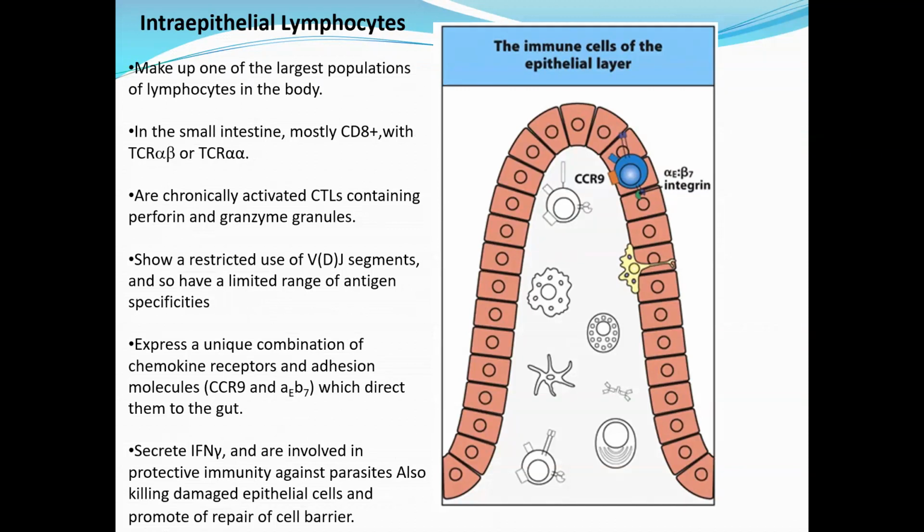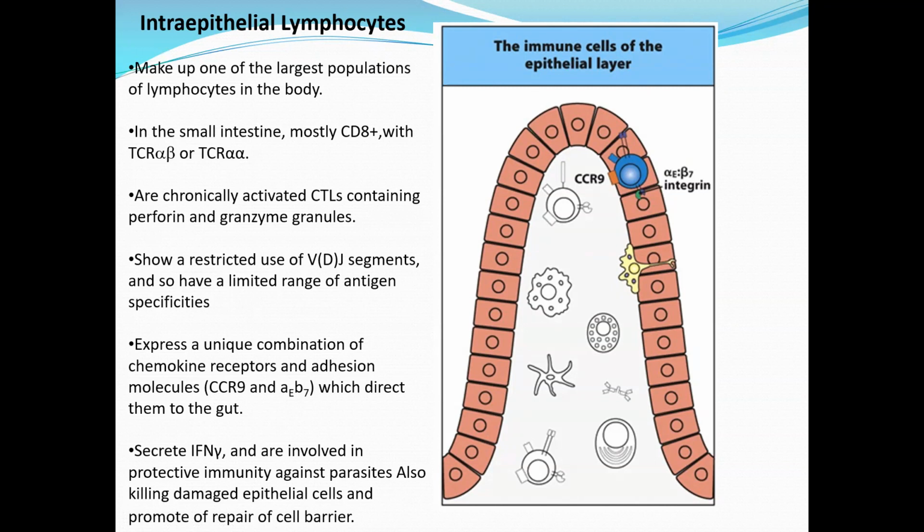The intraepithelial lymphocytes actually make up most of the lymphocytes in the body. And this is because the small intestine and the large intestine makes up such a large surface area.